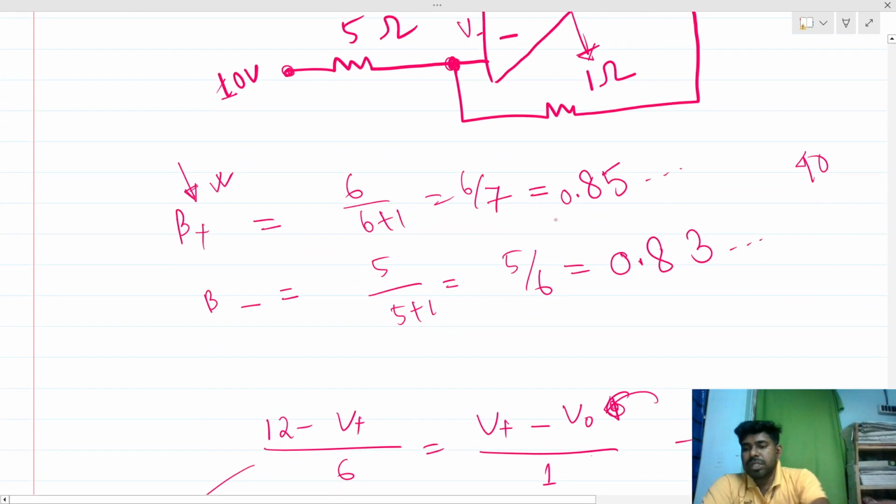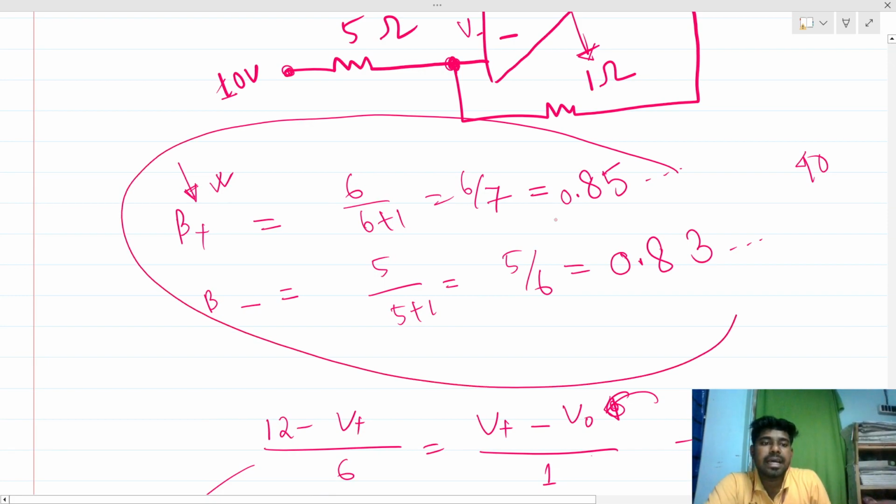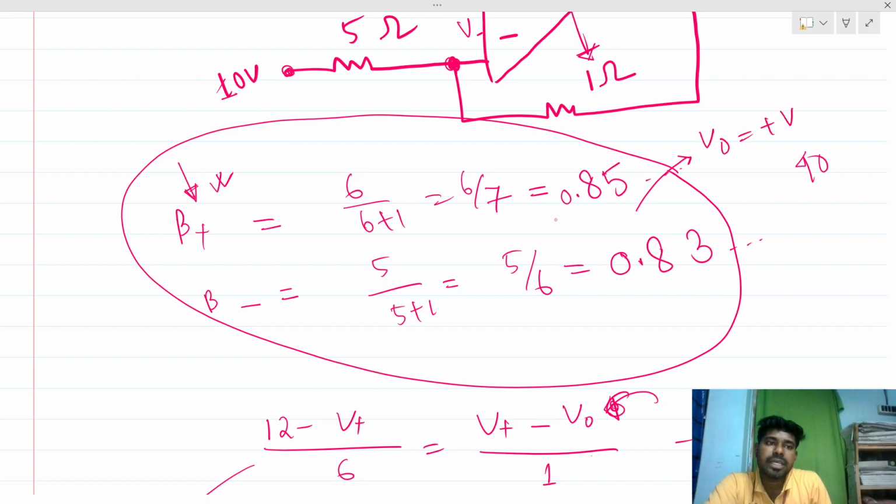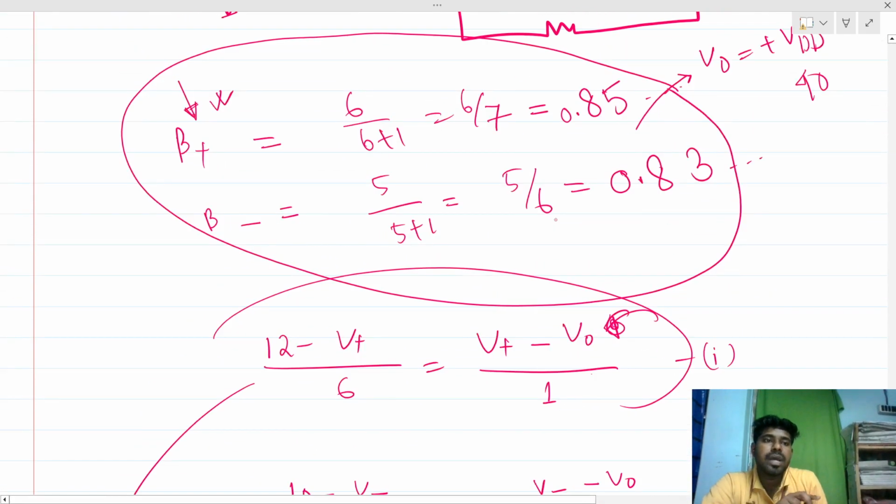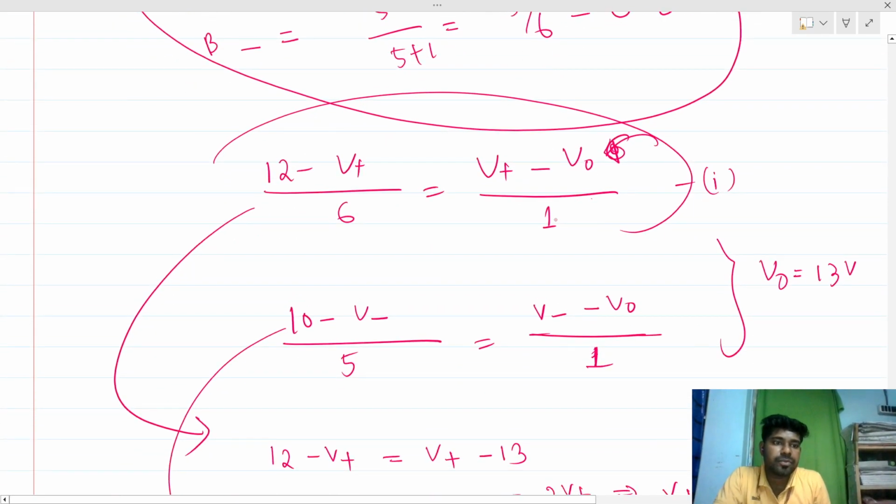Okay, so from here we can directly assume that as the positive terminal node voltage is high, the output will reach plus VDD. So we are not going to do that type of thing. Actually the V positive will be VDD, so this will be nothing but 15 volt, as this is a positive feedback circuit. So now we have to solve this as 15 volt.